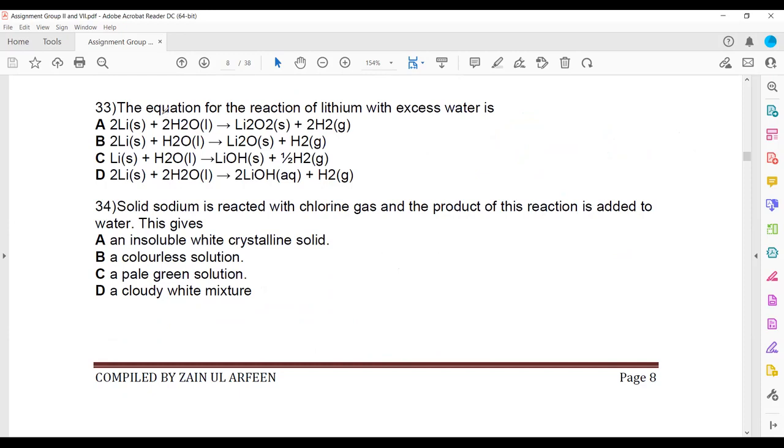They form hydroxides when mixed with water, and bubbles of hydrogen are given off. One option gives lithium oxide, that's why it is wrong. Another shows solid lithium hydroxide, but the hydroxides of group 1 are soluble, so it does not give a solid, it will give aqueous. That's why LiOH(aq) will be there, so D will be the right answer.